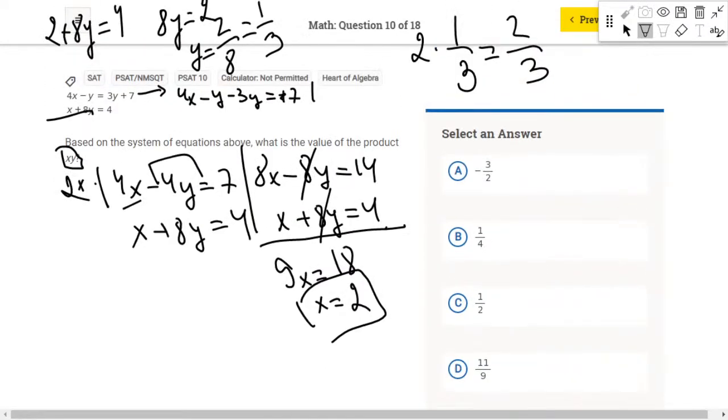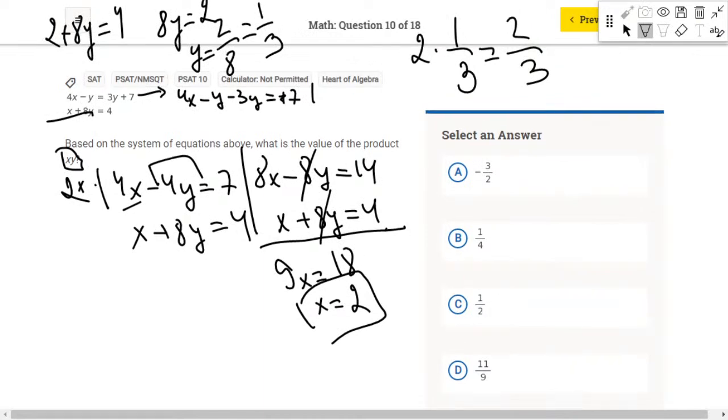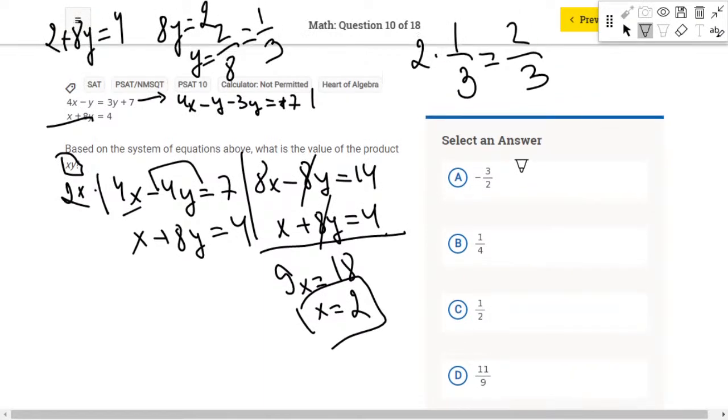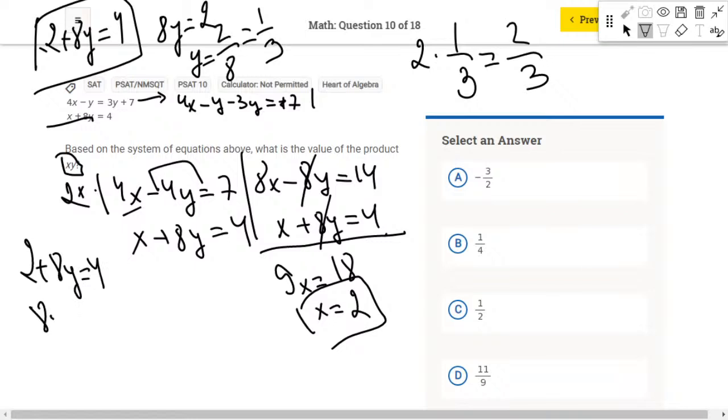Wait, did I make a mistake again? So I found that x is equal to 2, and I put it into any equation. Let's put it here. We said it's 2 plus 8y equals 4. 8y equals 2. y equals 2 divided by 8, it's 1 over 4.